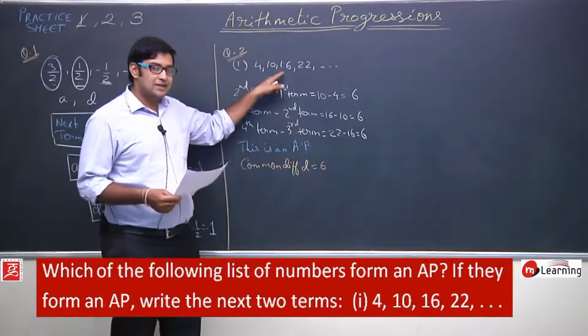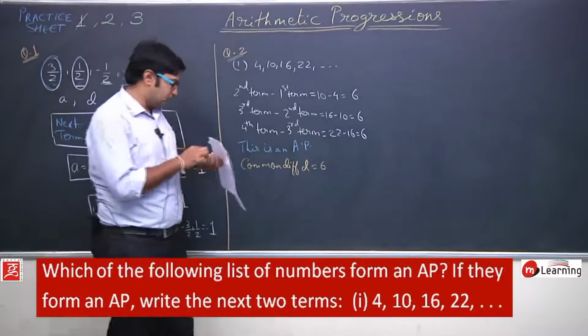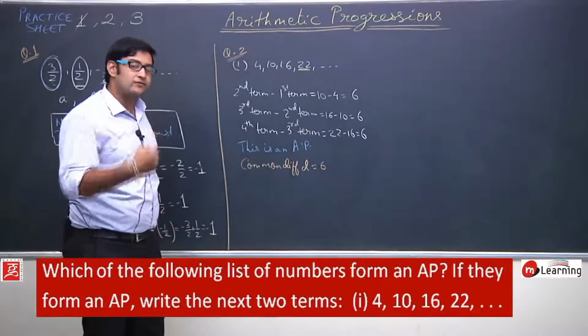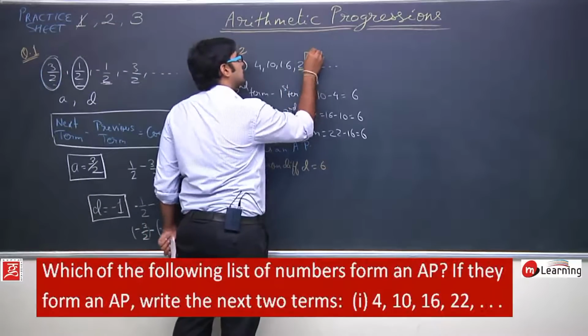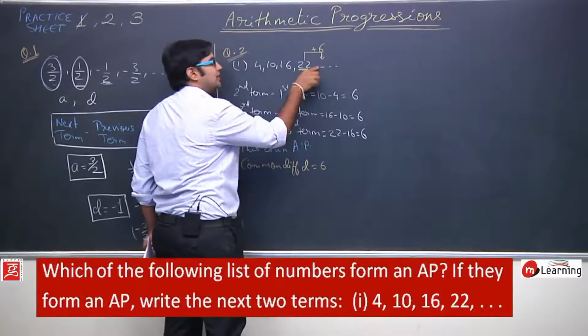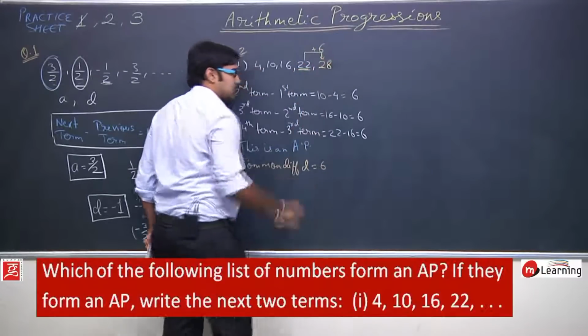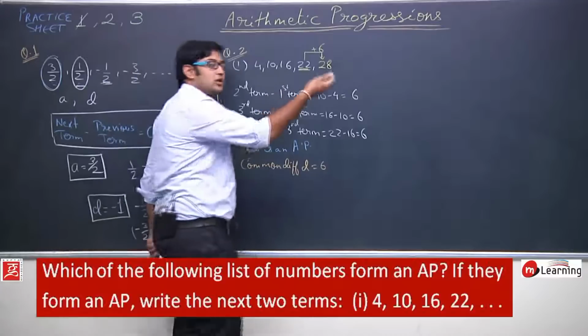So for this AP, can I determine the next two terms also? Yes, it's very easy. 22 is the fourth term. So to determine the fifth term, I should add 6 to this 22. 22 plus 6 will give you 28. So 28 is the next term. And we need to determine one more term after this.